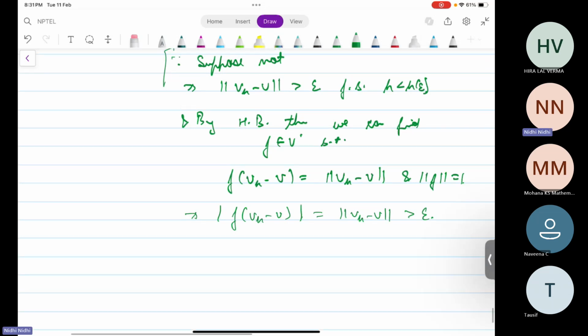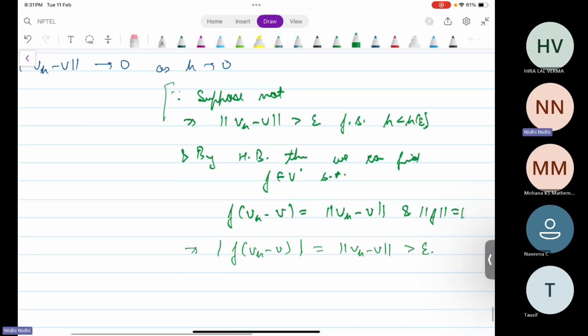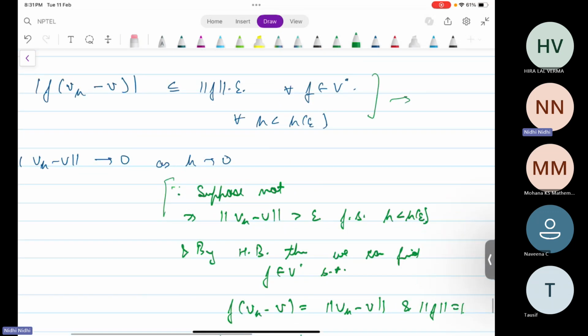But for some h less than h epsilon, which is a contradiction to this star. I'll have to check why this for every h less than h epsilon is coming. Maybe we can discuss that in next class.